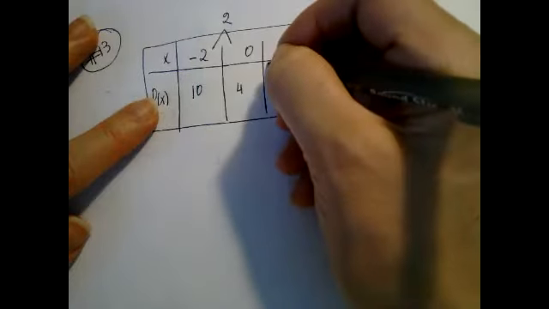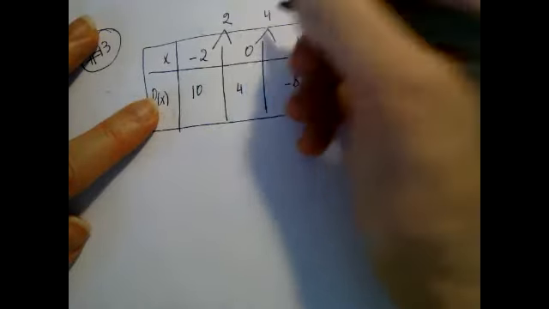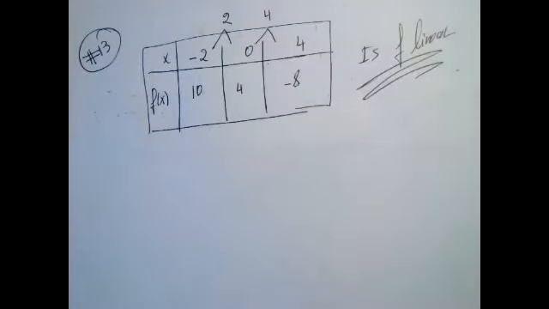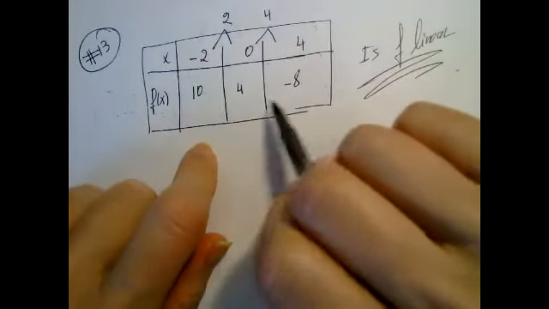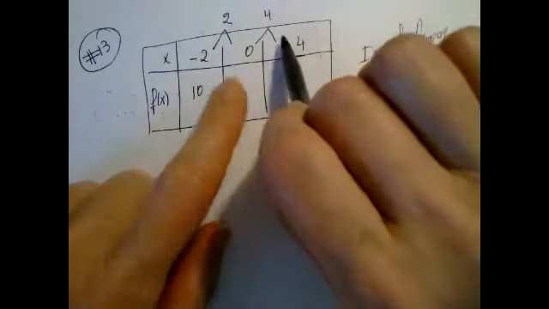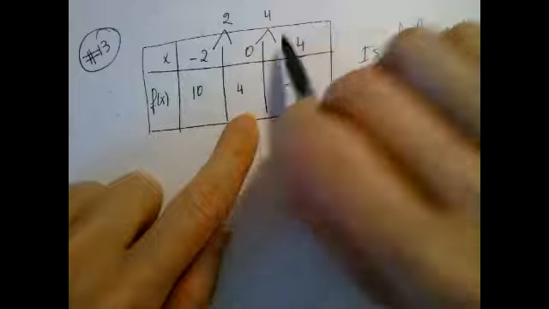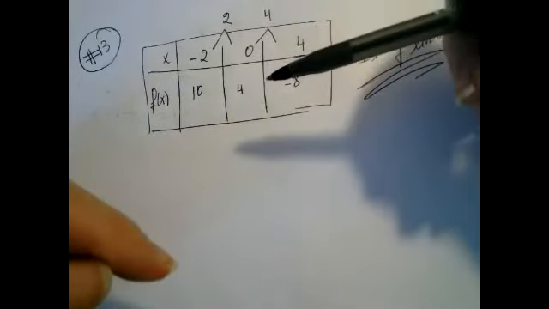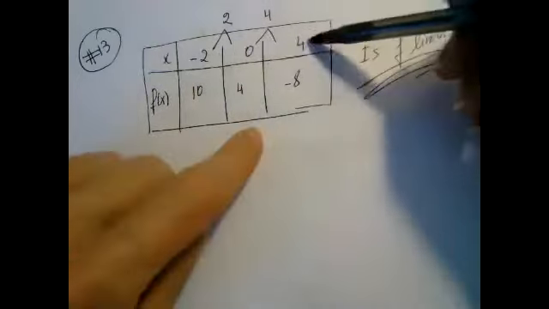From here to here, I'm going up by 2. And from here to here, I'm going up by 4. So I'm not going up by 1 to be able to just check the change in the output. So the only way we can find out linear or not is to compute the rate between every 2 points.